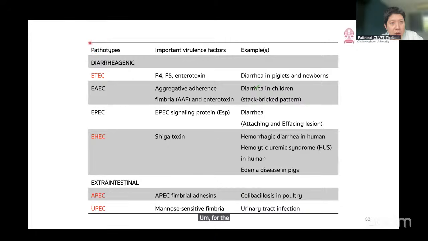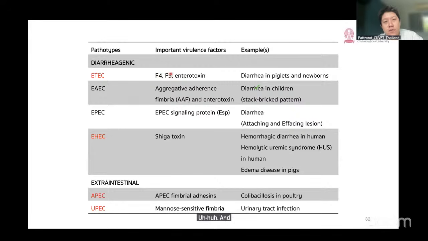For the pathotypes of E. coli, the ETEC, or enterotoxigenic E. coli, has F4 and F5 fimbriae. Fimbriae are structures outside the cells of E. coli that help the attachment or adhesion to the intestinal cells.